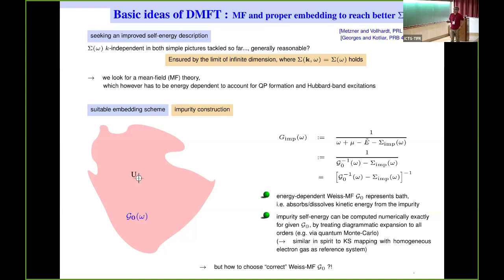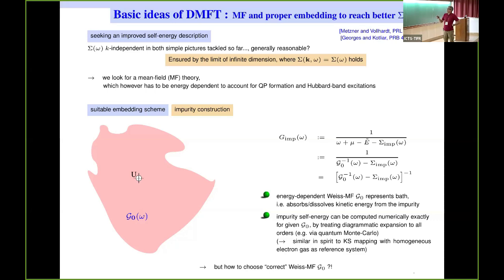So this is the basic idea, that you find a better embedding for the self-energy when you start from the atomic limit, and you describe it in this impurity kind of construction. So you now define an impurity Green's function in that manner, just as we did before. We know that the whole structure of any kind of Green's function is that way, one over something, and the denominator with omega, where we also add the chemical potential.